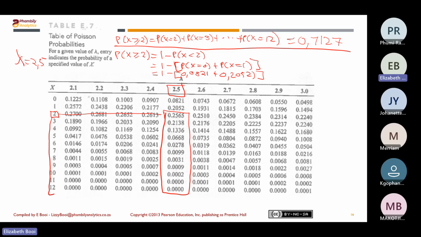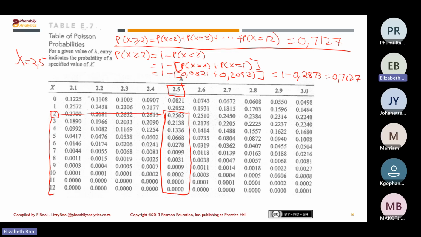Also on here, you can calculate both of them and you will find that they are the same. And that's how you do Poisson.